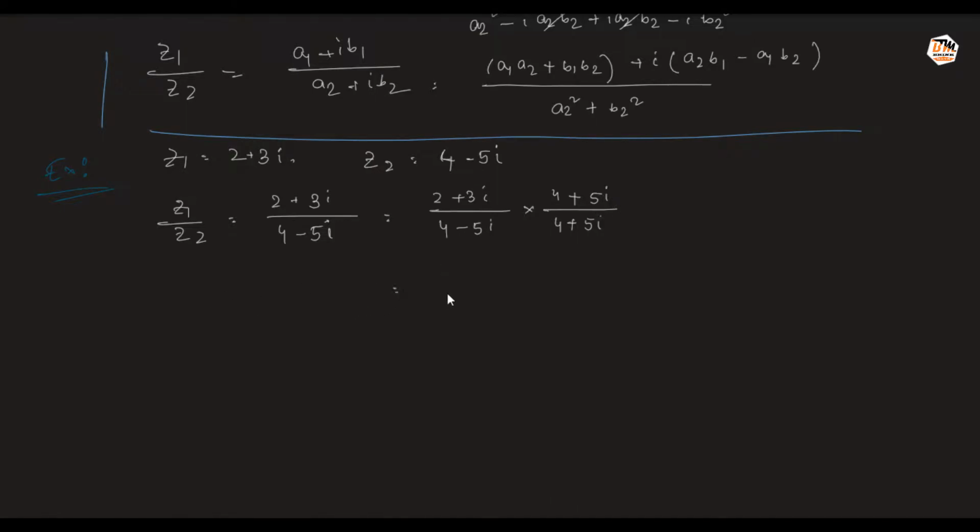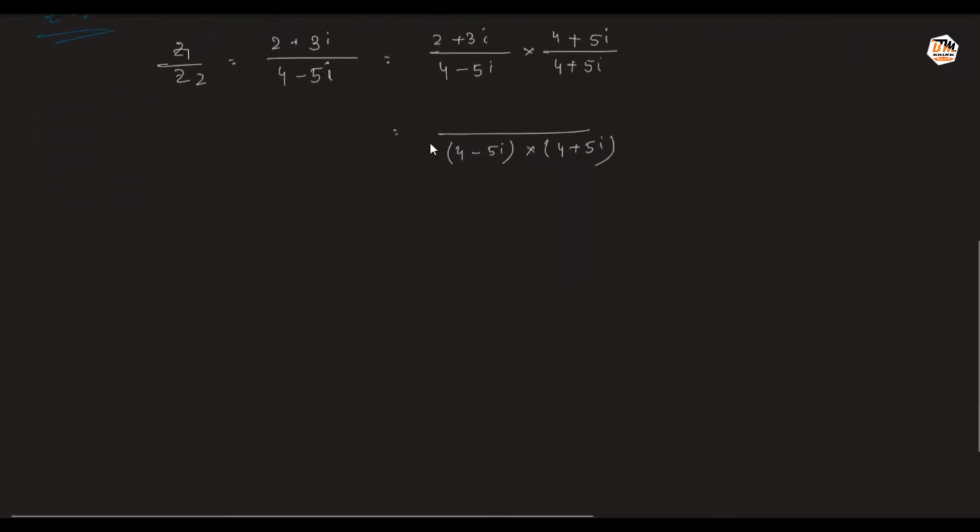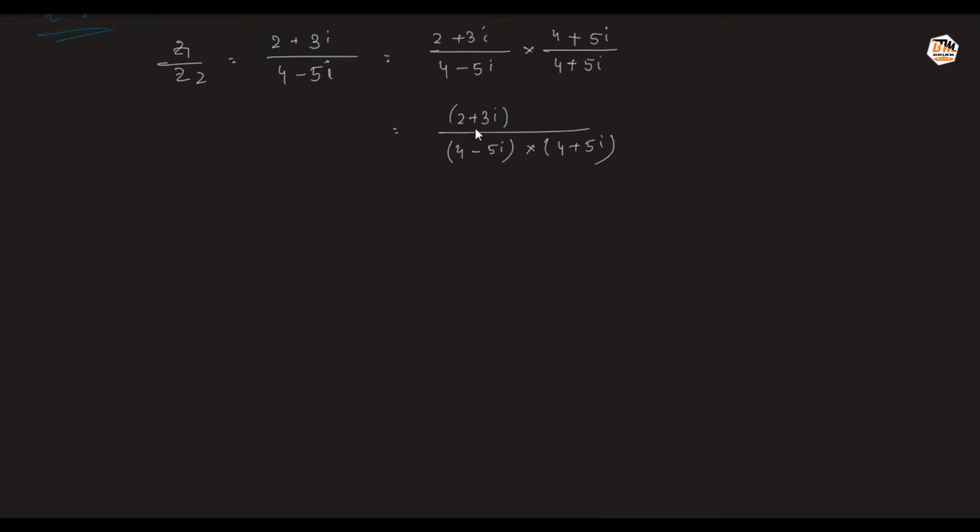Okay, now 4 minus 5i into 4 plus 5i in the lower part, and in the upper part 2 plus 3i into 4 plus 5i.